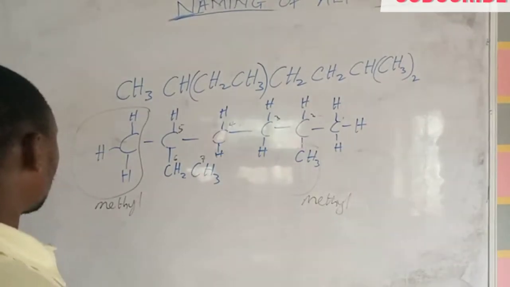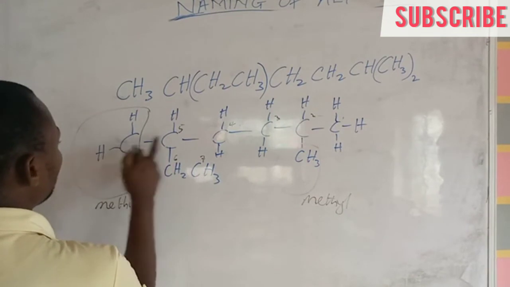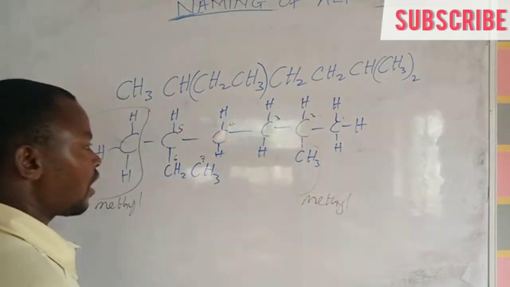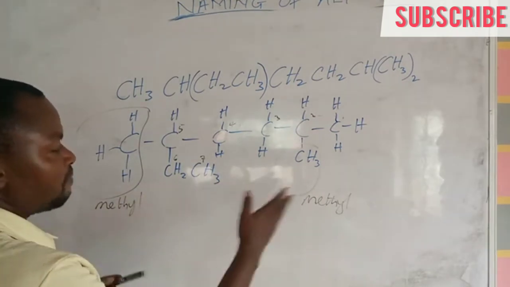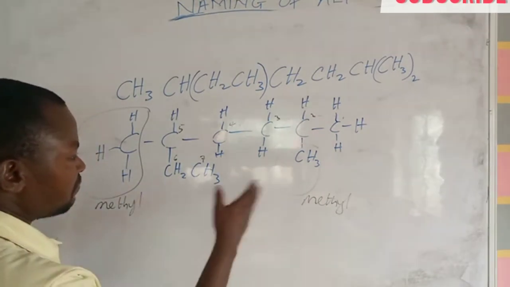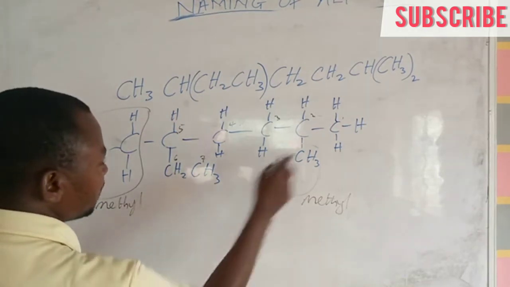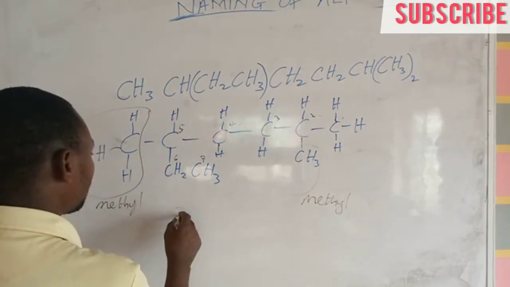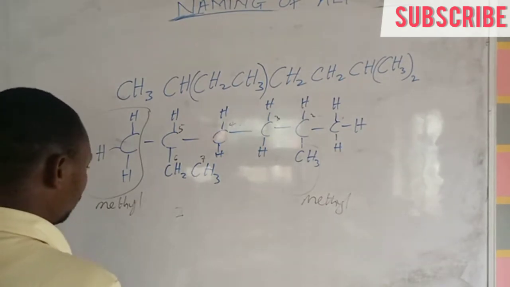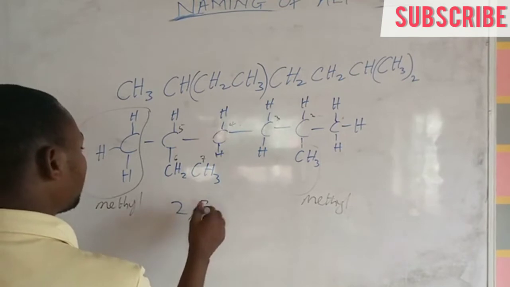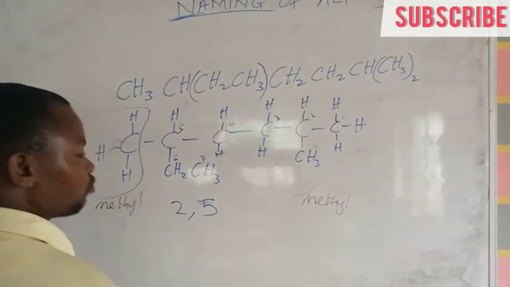So that means this carbon is attached to position 5, and this carbon is attached to position 2. Both of them are the same methyl. So I will say I have a methyl attached to position 2, and 5. 2,5.